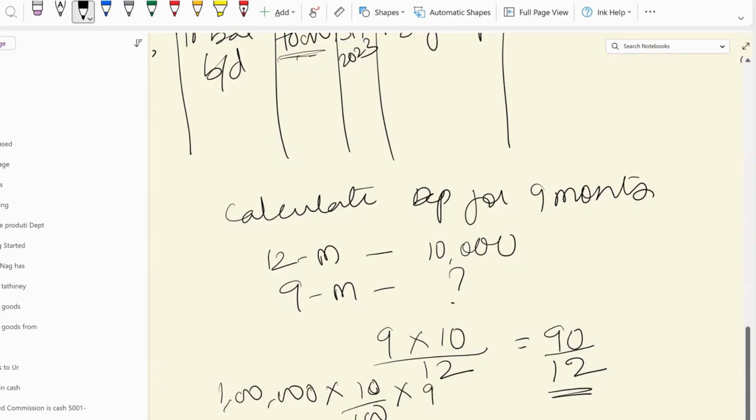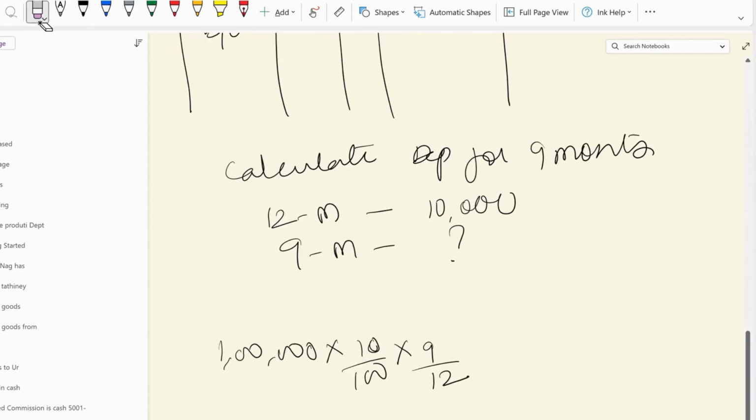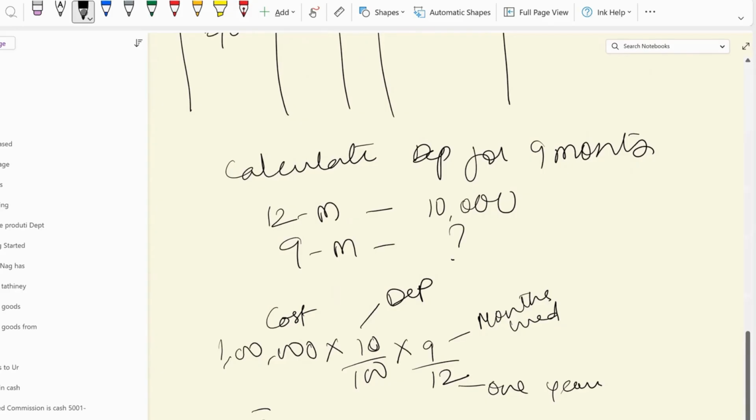Otherwise, you can write directly 9 by 12, if you are getting confused. So 1 lakh is the cost of the asset, 10% is depreciation, 9 is months used, and 12 months means 1 year. You calculate this and tell me how much depreciation you will get.